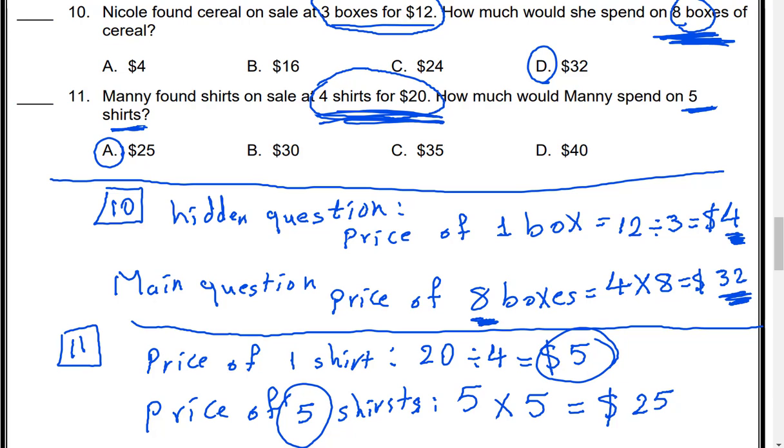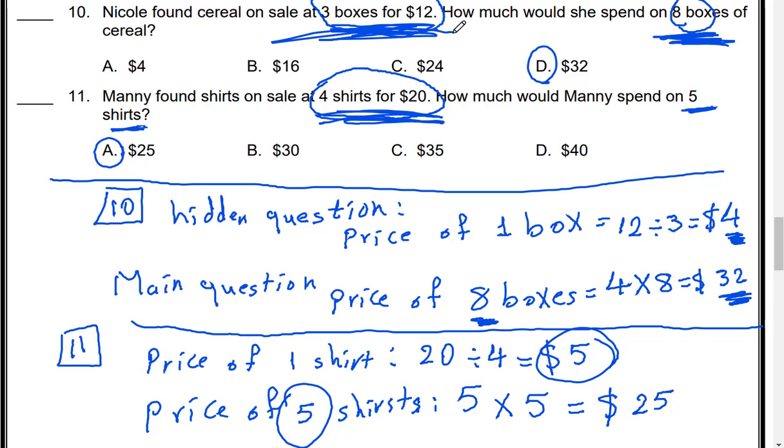My hero, are you with me? 3 boxes for $12. So, what's the price of 1 box? 3 boxes for $12. And you need the price of 1 box, right?